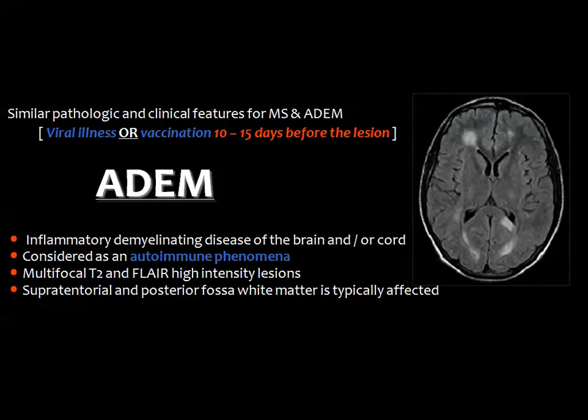ADEM is a white matter inflammatory disease due to an autoimmune phenomenon, and it will simulate many times the appearance of MS on imaging. But there are some of the criteria to separate both from each other.